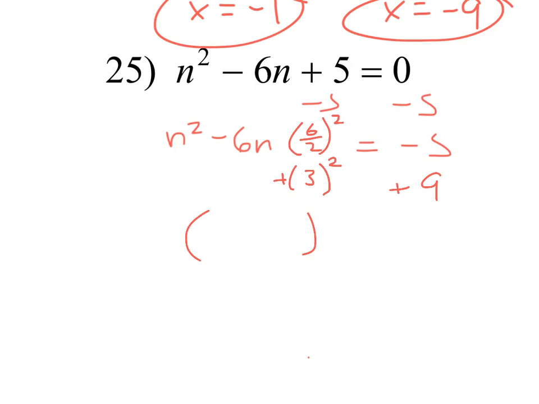So now we do our parentheses, and we take this, this, and this, and put it in our parentheses. So what goes in our parentheses? We just take the n. So we're getting rid of the squared here and the squared here, and we're just putting a squared on the outside. So we just take our n and we just take the 3. But what's going to go in the middle?